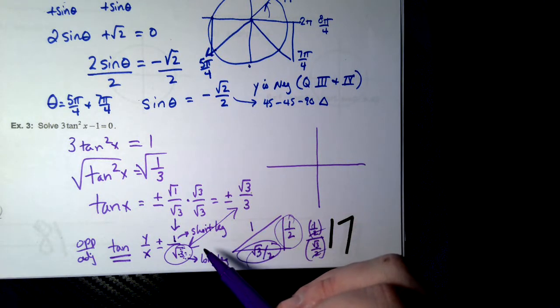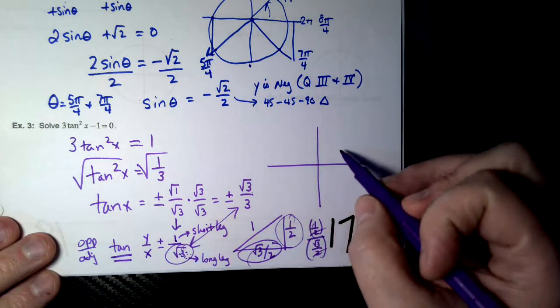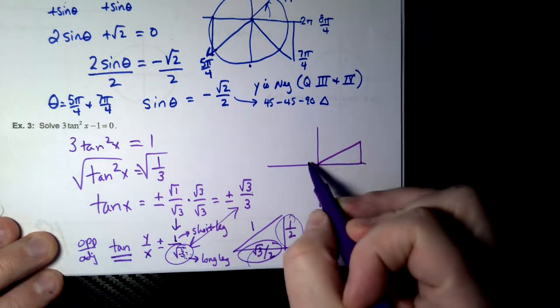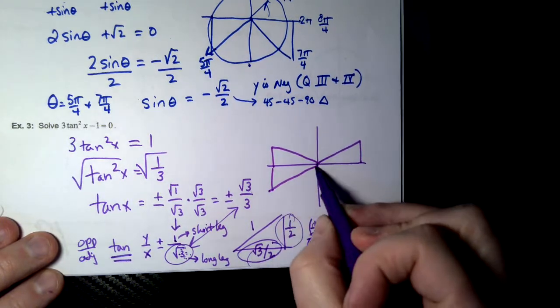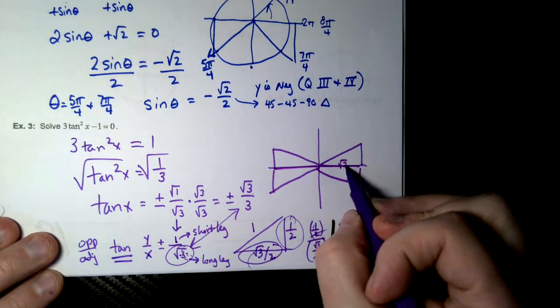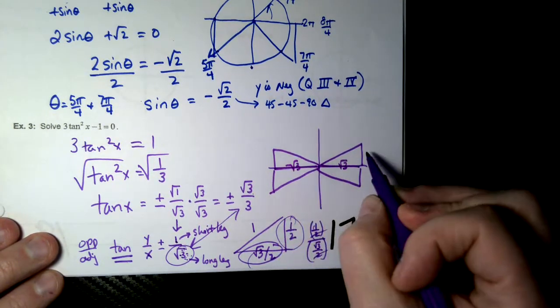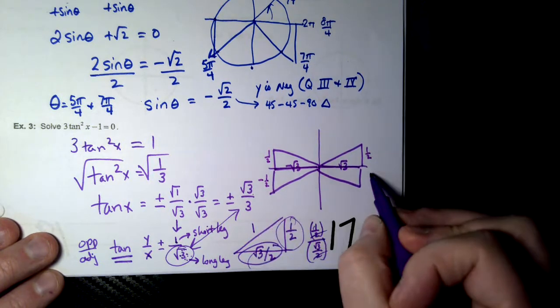Holy cow, that's going to be every time the y is the short leg in every quadrant, in all the quadrants when y is the short leg and x is the long leg. These are the root 3's, negative root 3, positive 1/2, negative 1/2.